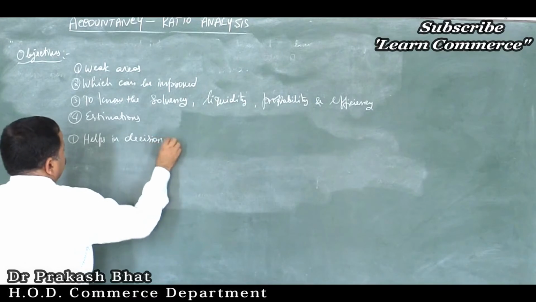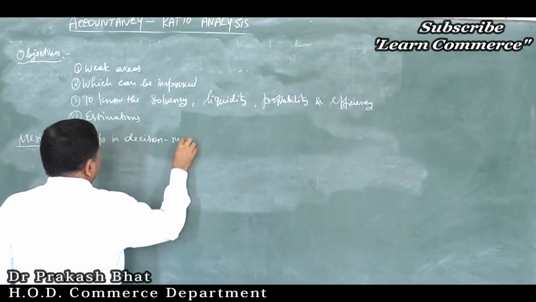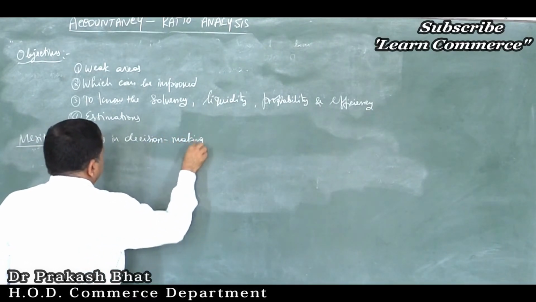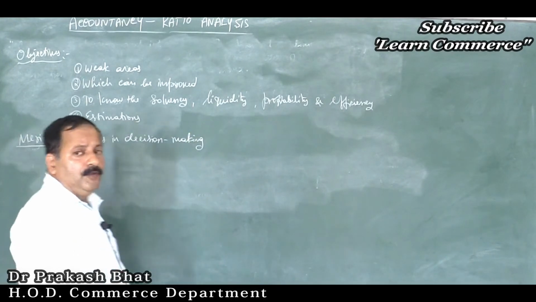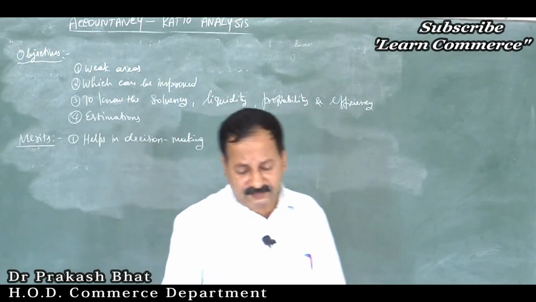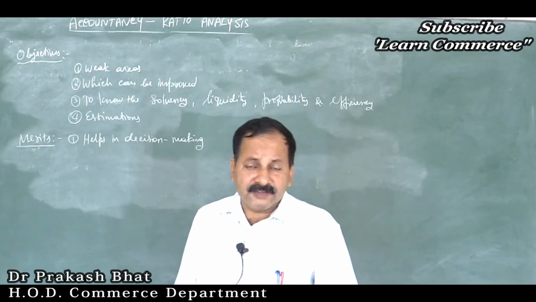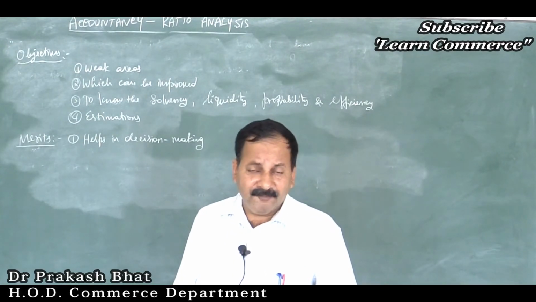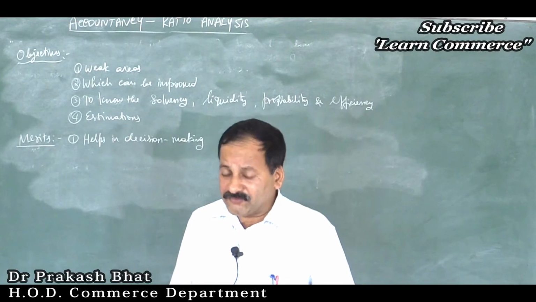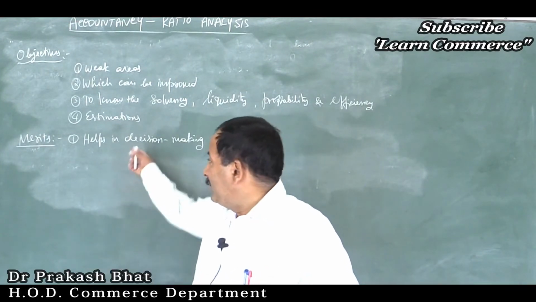Of course, for taking decisions we need accounting ratios. Without having genuine figures, we won't be in a position to take any decisions. So for that reason, we will collect information from the final accounts, that is the statement of profit and loss and balance sheet, and then we will plan for the future.